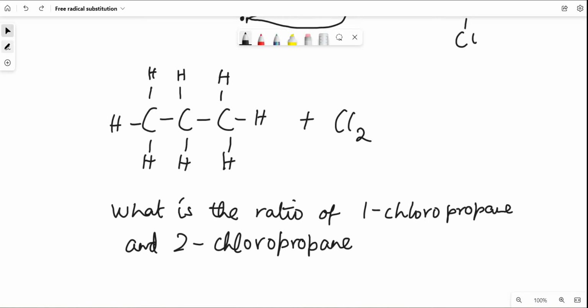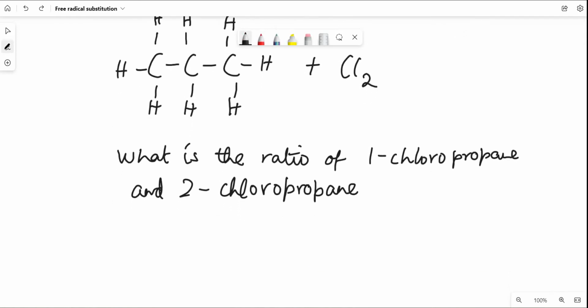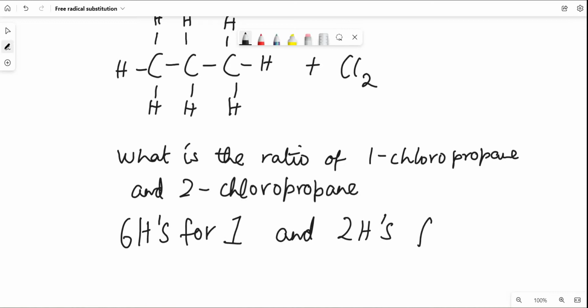So we have 6 hydrogens for 1, and only 2 hydrogens, which are these ones, for 2. And so the ratio is 3:1, because 6:2 is 3:1.